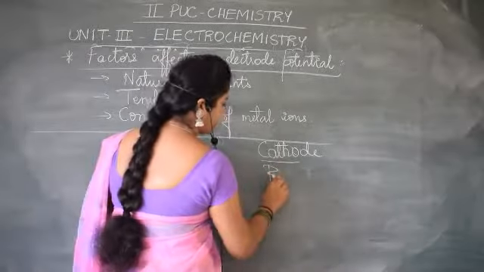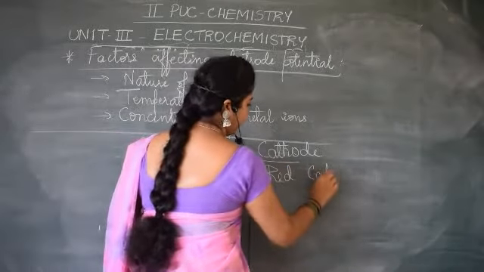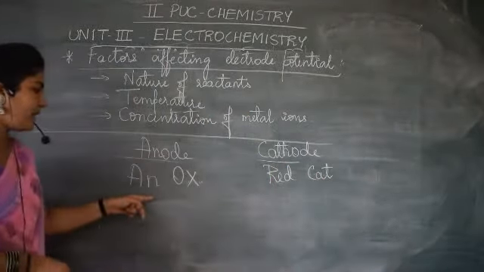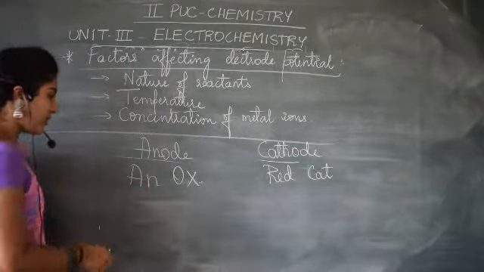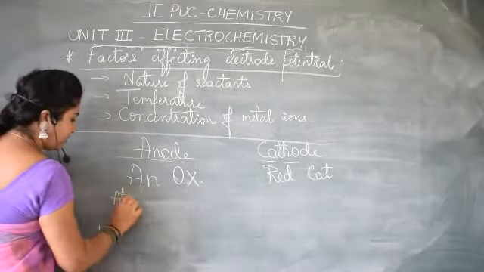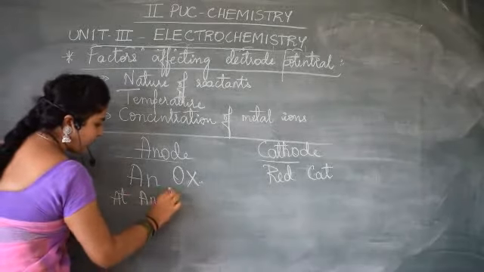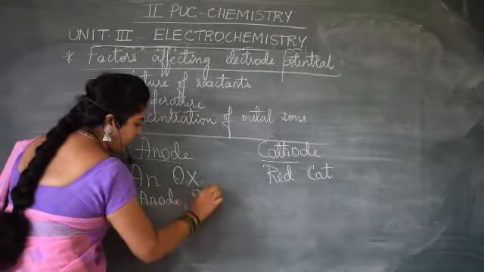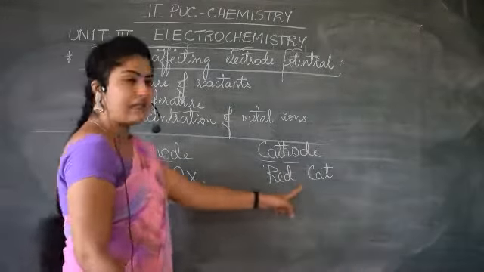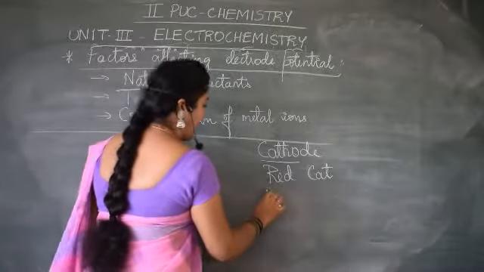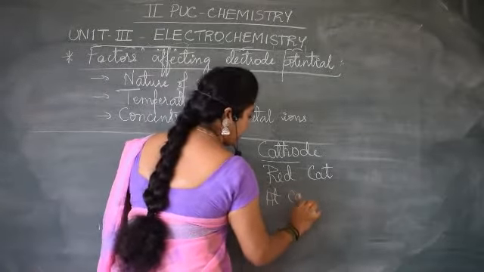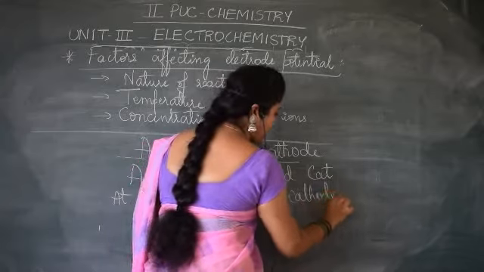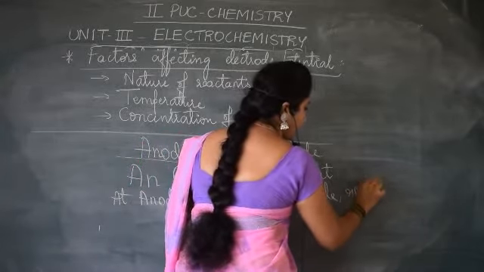An ox, red cat. An ox means at anode oxidation takes place. Red cat means at cathode, which reaction takes place? Reduction takes place.